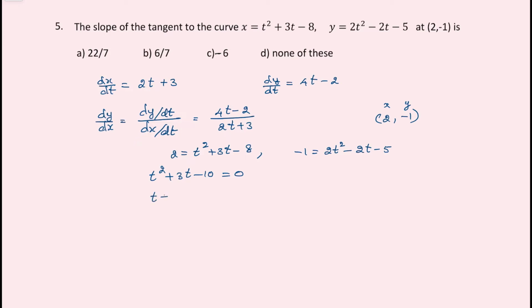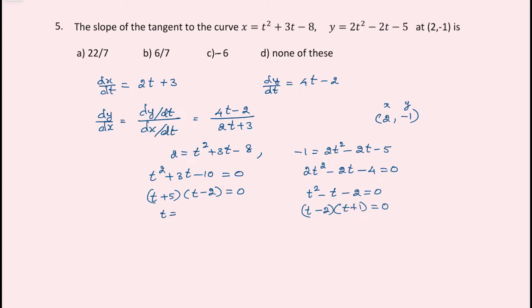We will factorize: t plus 5 and t minus 2 is 0. Similarly, 2t square minus 2t minus 4 is 0. Dividing throughout by 2, we get t square minus t minus 2 equal to 0. Let us factorize: t minus 2 times t plus 1. Here we get the answers for t as minus 5 and 2, and here we get 2 and minus 1. The common solution will be the final answer for t. So t should be 2.